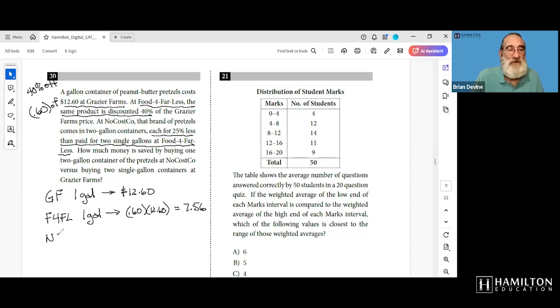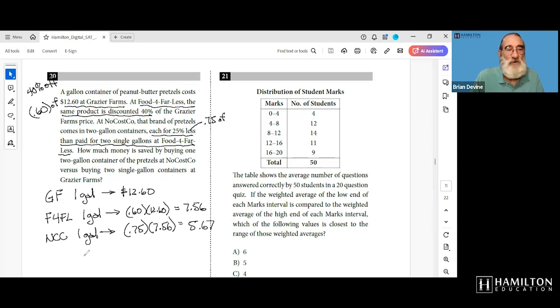So at No Costco, for 1 gallon, well, if it's 25% less, that's 75% of. So that would be 0.75 times 7.56, which equals $5.67.